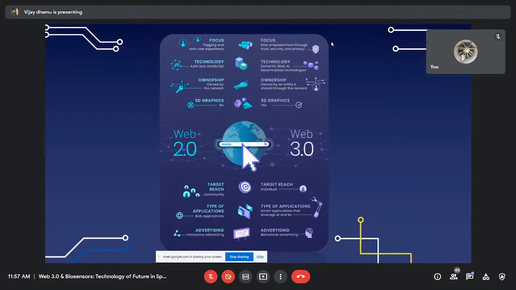Interactive advertising means that based on your search, you get more products related to what you are searching for. But in Web 3.0, it will be mostly based on the neuromarketing principle, where suggestions are given based on your search, the phrases you use, and your behavioral patterns.